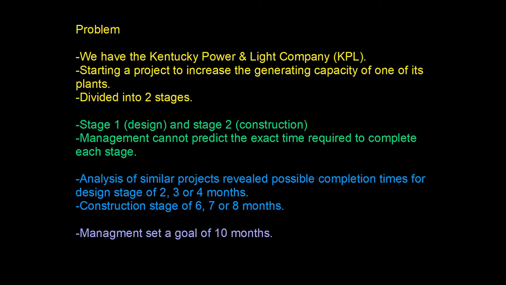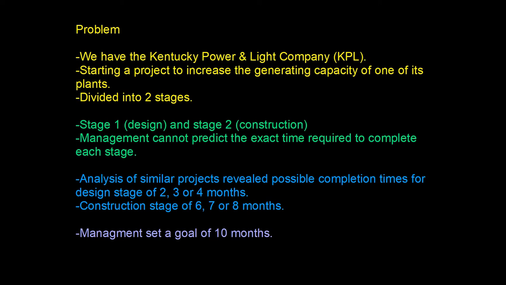But you go to some historical analysis, and similar projects have completion times for the first stage of 2, 3, or 4 months. And for the second stage, they have completion times of 6 or 7 or 8 months.